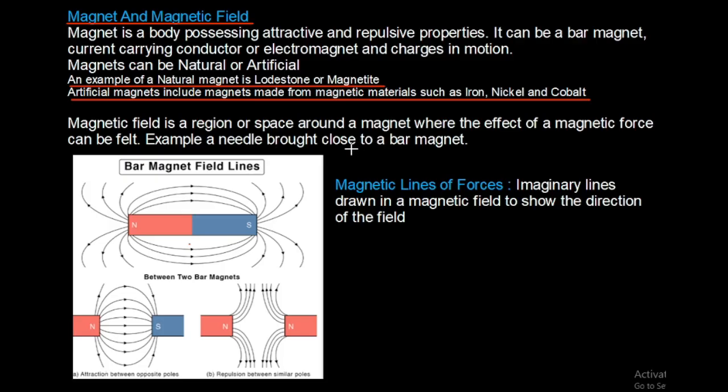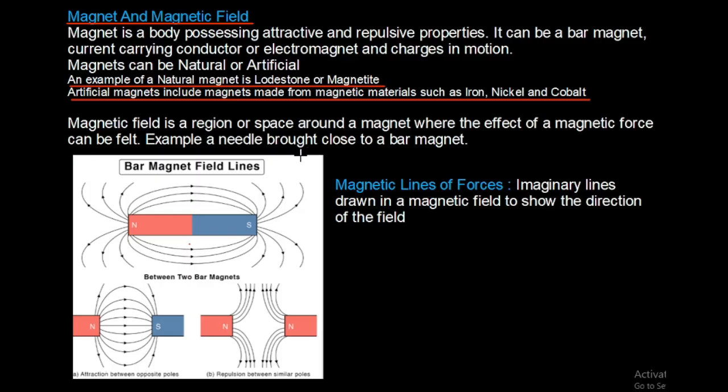If we bring a needle close to a bar magnet, you discover that the needle will be attracted, or pulled towards the magnet. That's because it's in the field of the magnet. But as we move the needle further away from the magnet, the pulling force of the magnet on the needle will decrease.